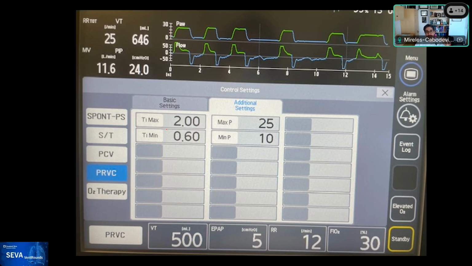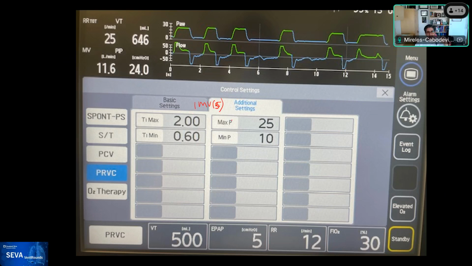So a breath that is spontaneous can turn into mandatory because it will be cycled after 2 seconds, or a breath that is too short, TI min, if it's shorter than 0.6 seconds, the machine will maintain the inspiratory time until 0.6, in spite of the patient having finished earlier. So this is consistent with IMV type 5, just by itself. Type 5. Rob, comment? Nope, that's correct.